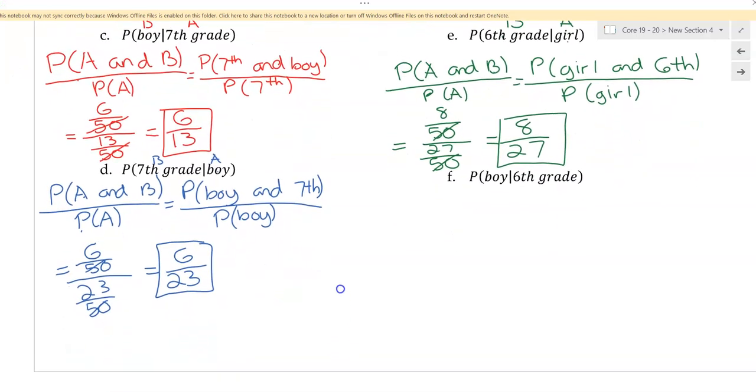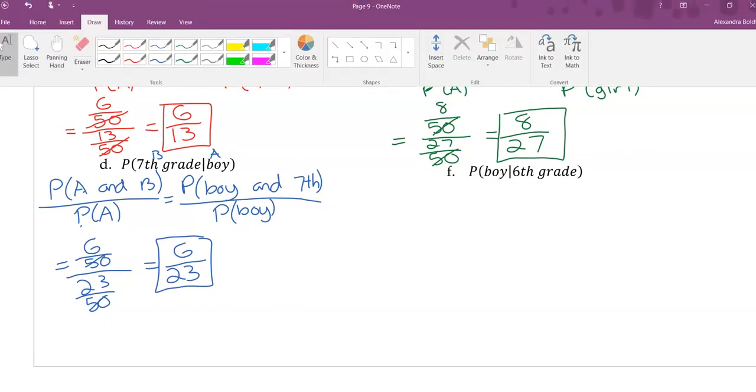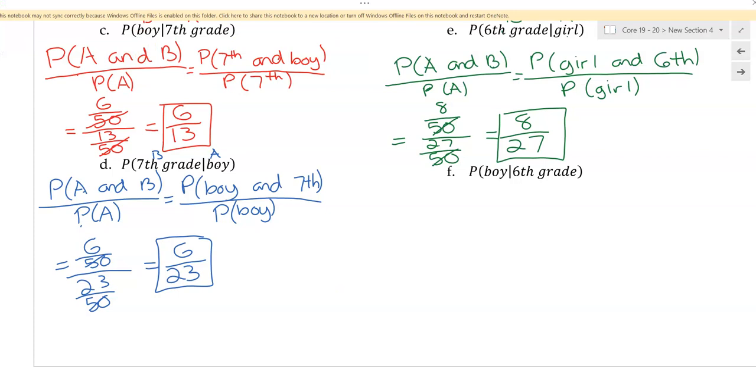Last problem, boy given 6th grade. Again, the probability of A and B over the probability of A. Again, B comes before, A comes after.